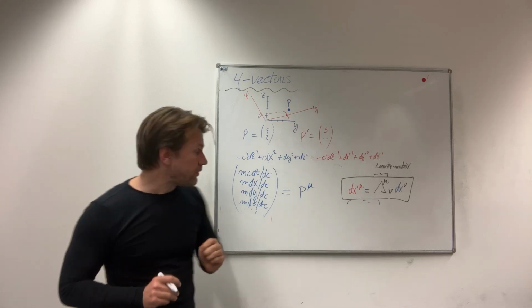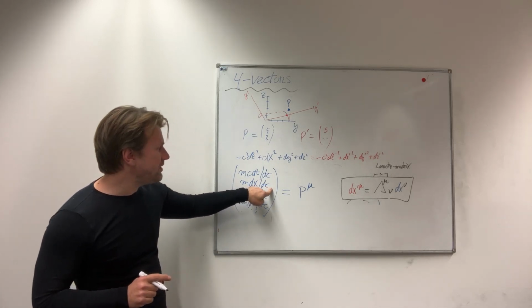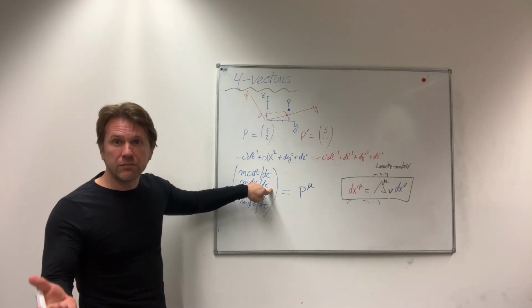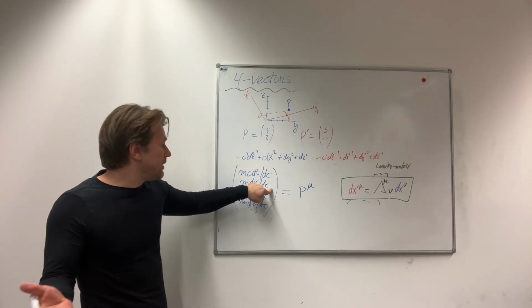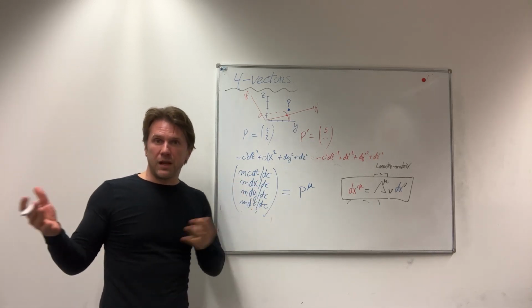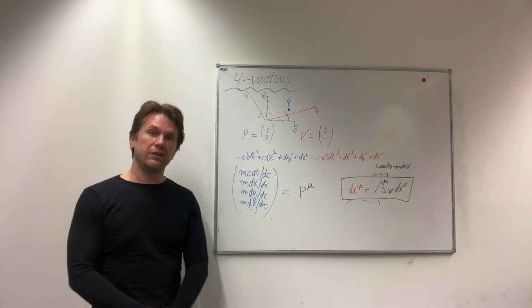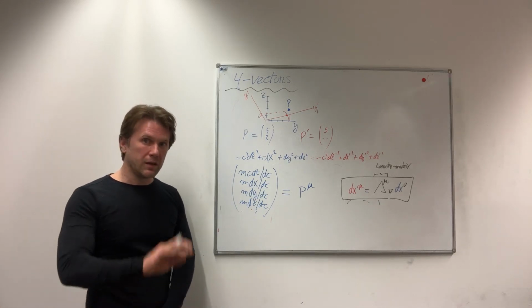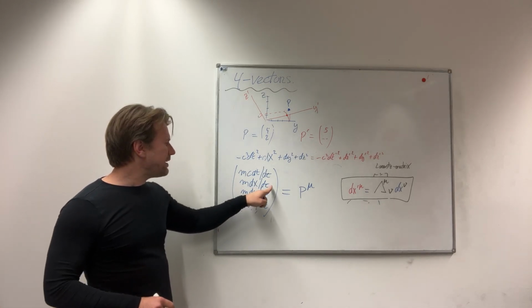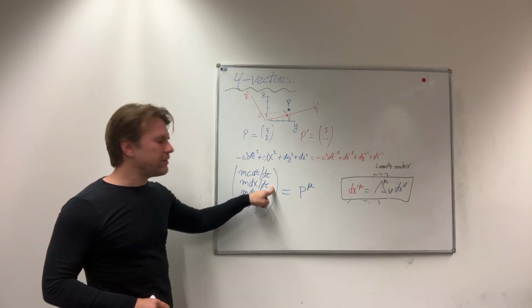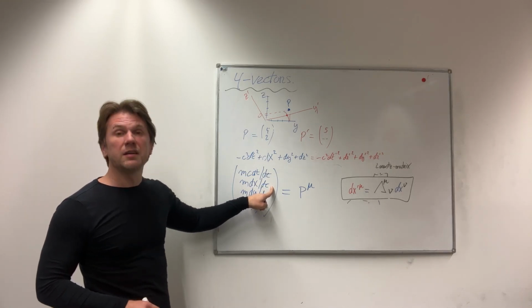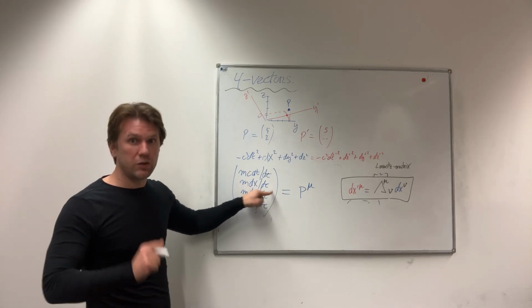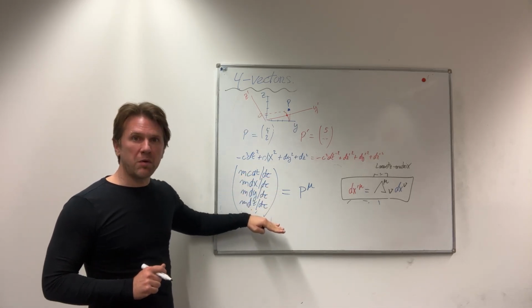You can really see it, because dx over d tau is a velocity, times m, a kilogram times a velocity. Well, in classical physics that is what you call a momentum. There's a slight nuance, because typically in non-relativistic classical physics you would not divide by tau, but by t. But we still call this momentum.